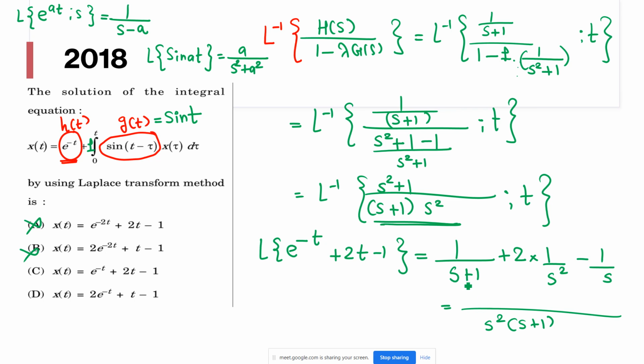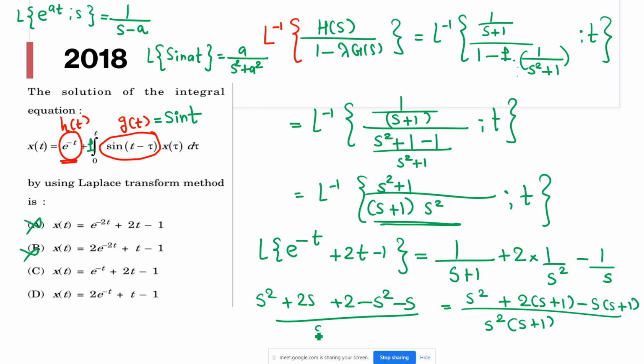So over here I will have s square plus 2 times s plus 1 minus s times s plus 1. If I simplify this, the numerator becomes s square plus 2s plus 2 minus s square minus s, whole thing divided by s square (s plus 1).